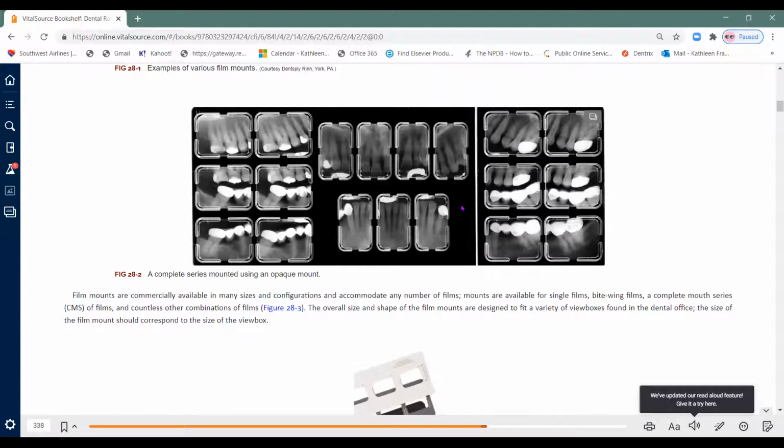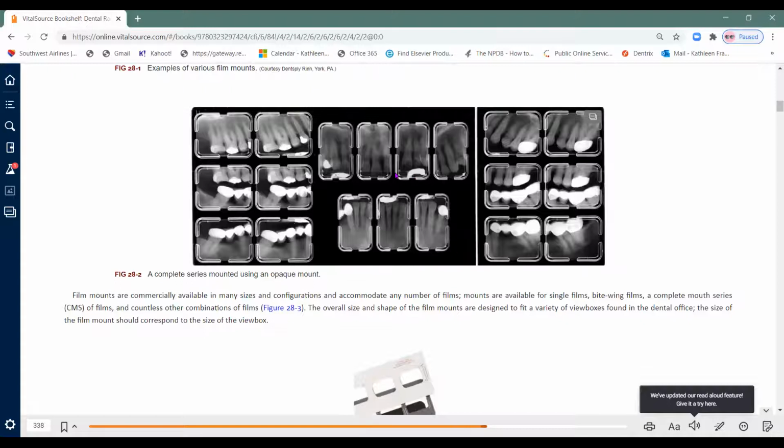It talks about the film mounts being in different configurations depending on what type of films they're taking. This dentist takes 19 films instead of 18, because they take 4 maxillary anteriors instead of 3. So this film mount is made especially for that dentist.